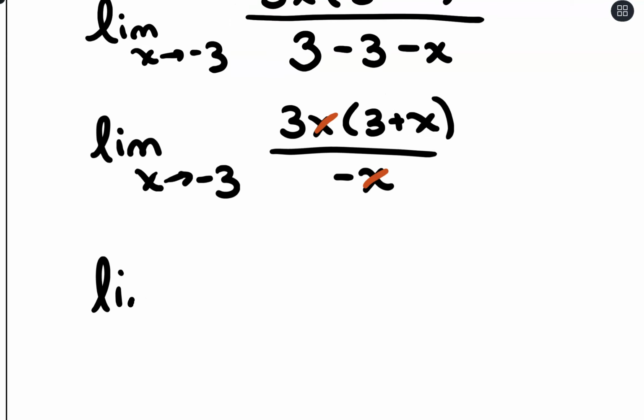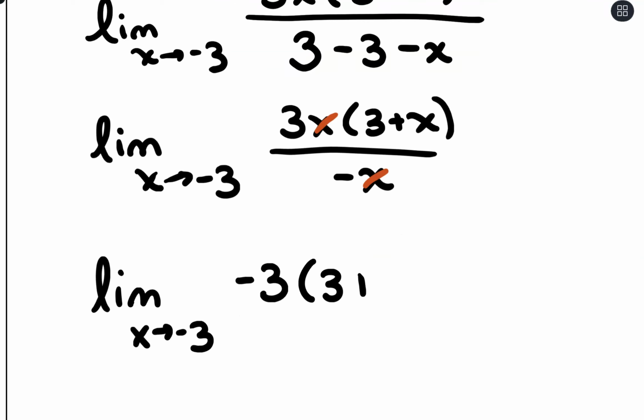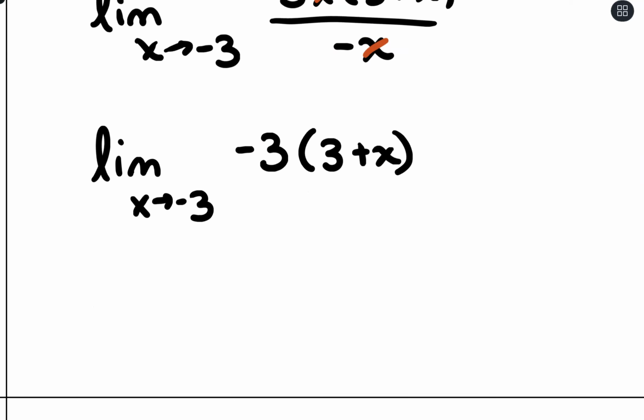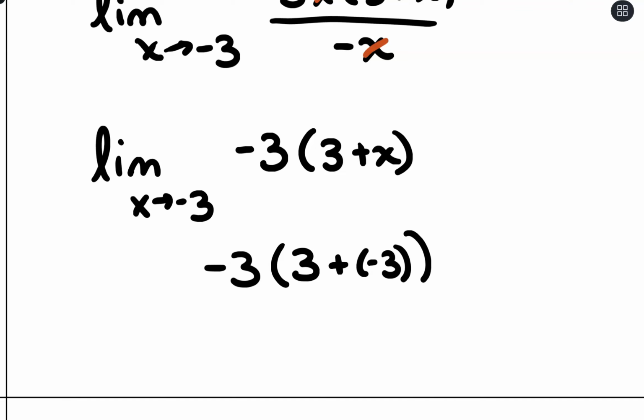So this will be the limit as x approaches -3 of -3 times 3 plus x. If you're wondering where that negative came from for 3, it came from down here because that was a -x. But it's just like dividing by -1 is the same thing as multiplying by -1. Okay, let's go ahead and plug in -3. So we have -3 with a 3 plus -3. And that's going to be a 0.